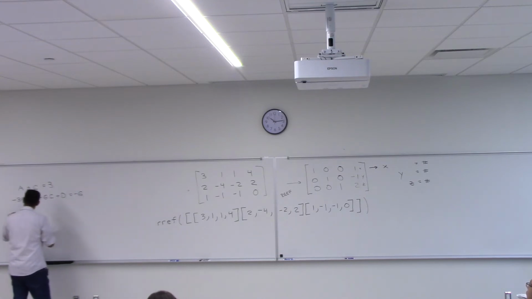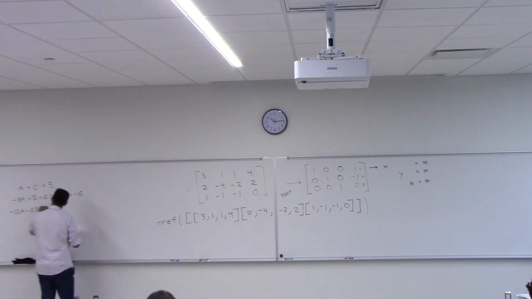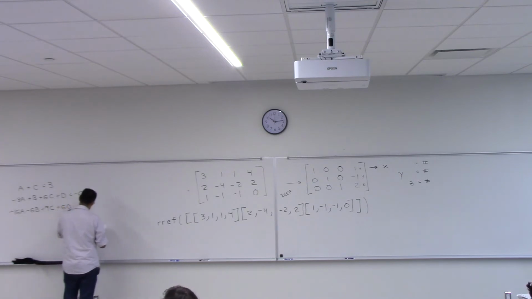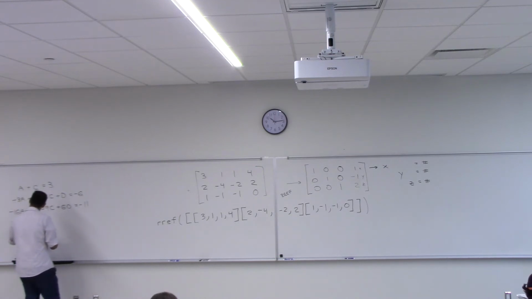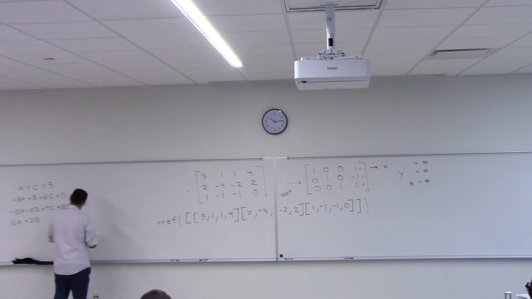We're going to have -16A minus 6B plus 9C plus 6D equals -11. And finally, 6A plus 2B plus 9D equals -14.